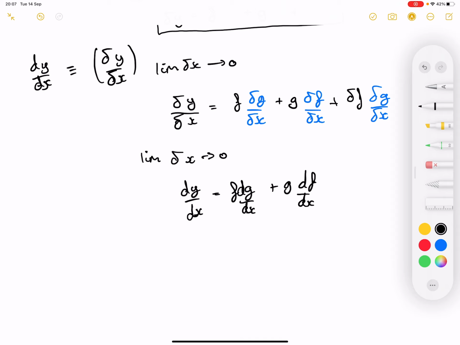What we have when delta x tends to 0 is, alright, I'm going to rewrite that, a regular size number times really small number, because delta f and delta g will tend to 0 when delta x tends to 0. So we've got a normal number times a really small number, and that's just going to be naught.